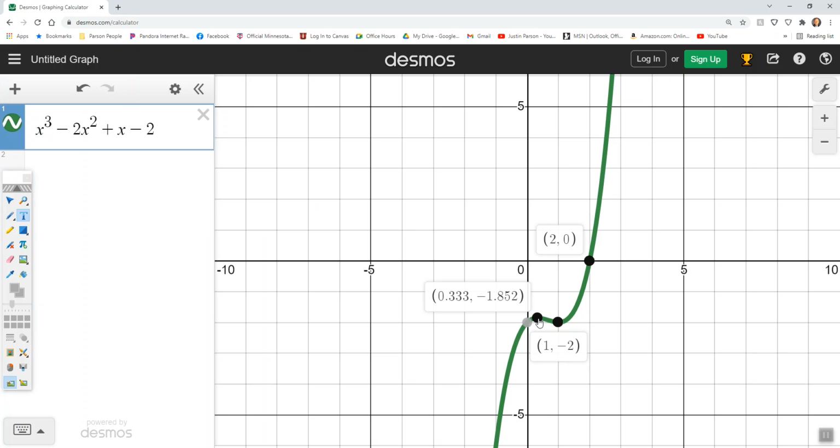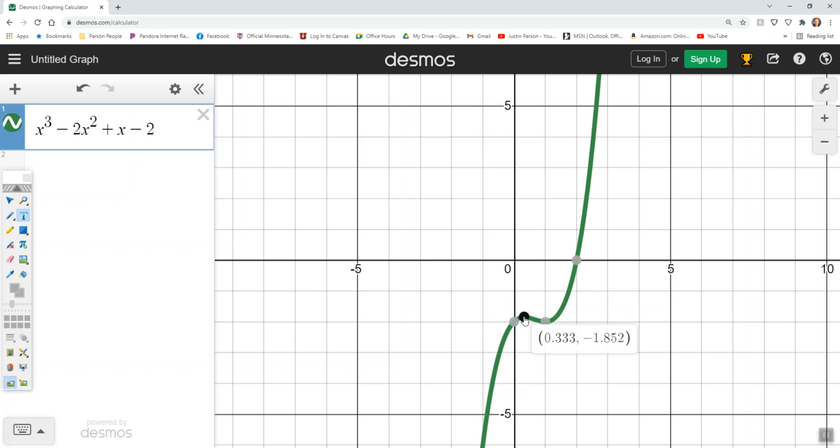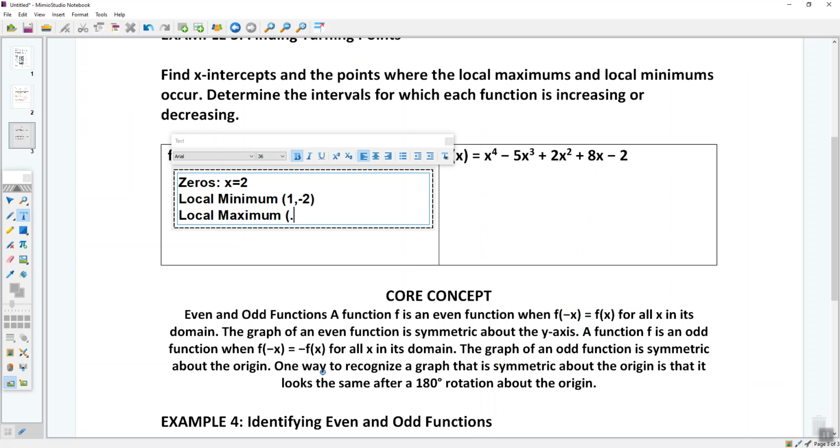So is it okay if I put that in 0.333? I wish I could control and copy those all the time. Okay, so can you guys remember -1.852 for me? I got it written down. -1 point, what was it, 852? 8, 5. Okay, what else are we asked to find here, guys?